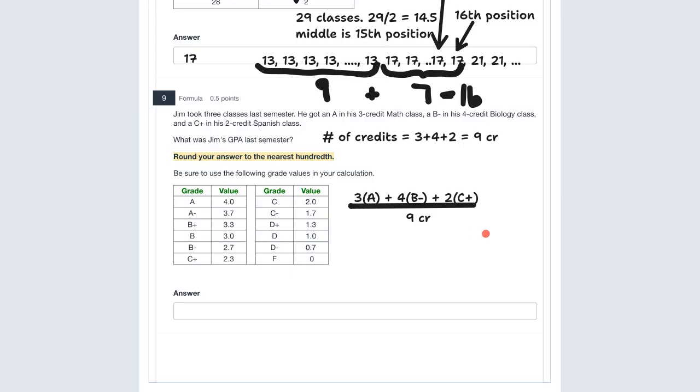Now that I have that set up, I'm going to rewrite this, replacing each of these grades here with the weight from the table that you see. So if I take this exact same equation here, I'm going to replace that A with a 4.0.